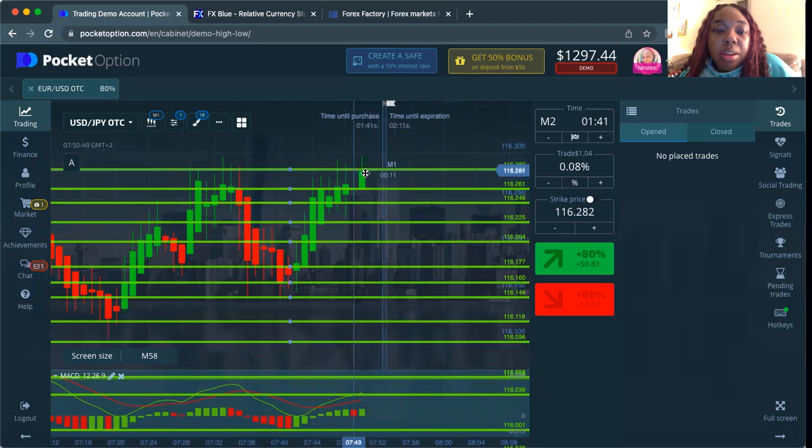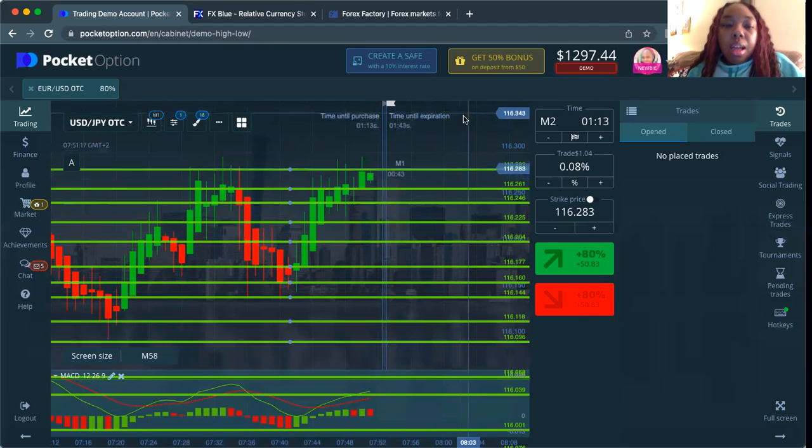It's playing in this area. You can clearly see it's playing in this area. Like I said, this area is important because it hit 1, 2, 3, 4, 5, 6, 7, 8 times. So you see another candle has formed again, and it's hanging in this area. It's not done.